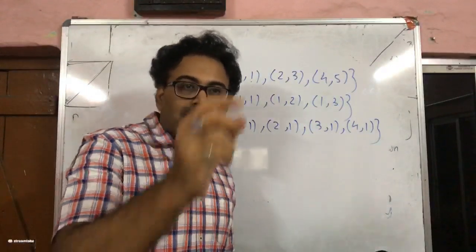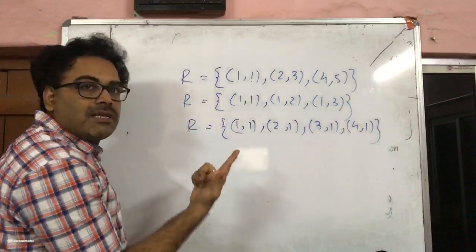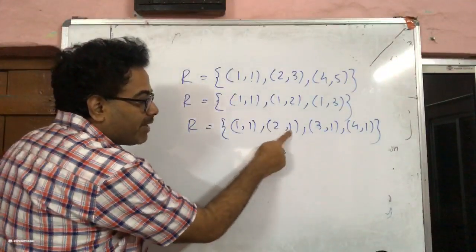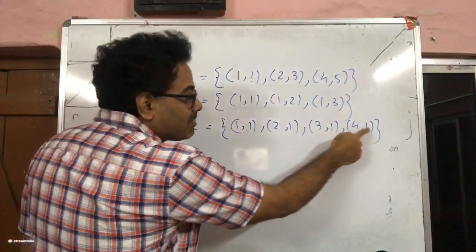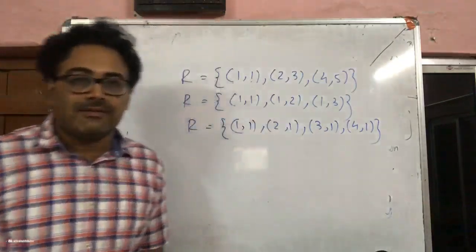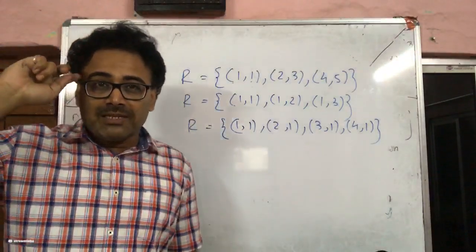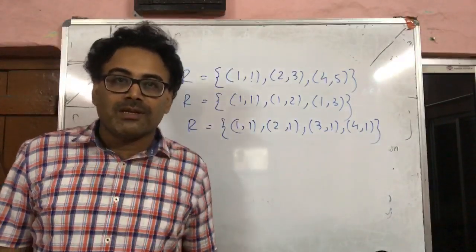Images can match, that is not what we are checking. I am saying for each x there should exist a unique y. For this x this is the unique y. So y can match for two different elements. More precisely, the second element can be common but the first element should not be common.